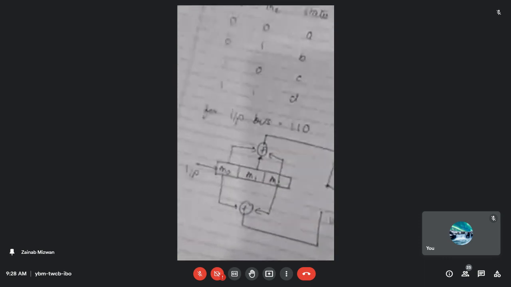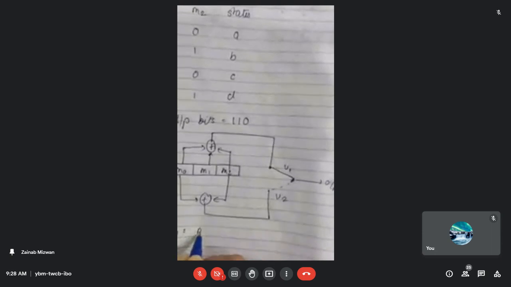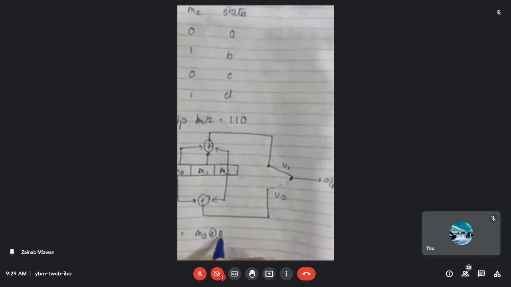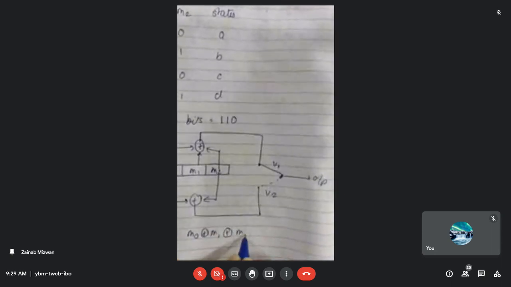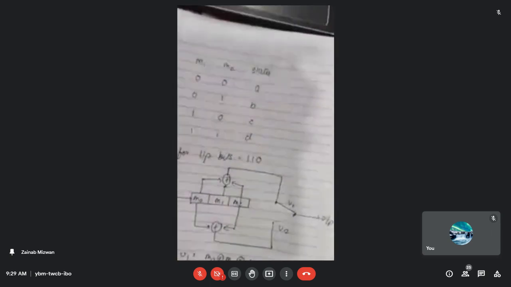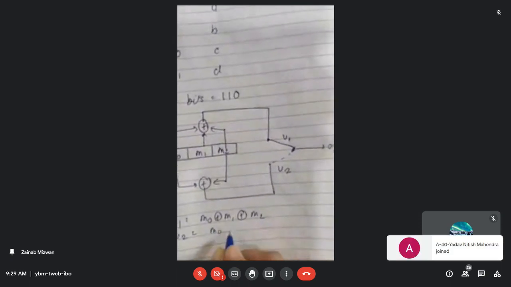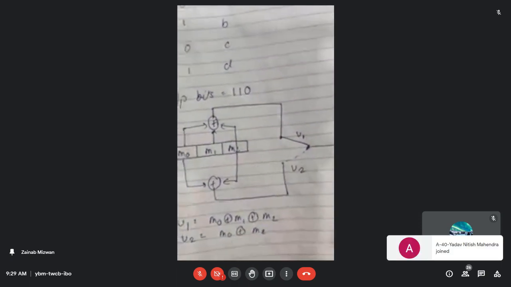Yesterday we have written the equation for V1 and V2. What is the equation for V1? V1 is M0 XOR M1 XOR M2. The equation for V2 is nothing but M0 XOR M2.